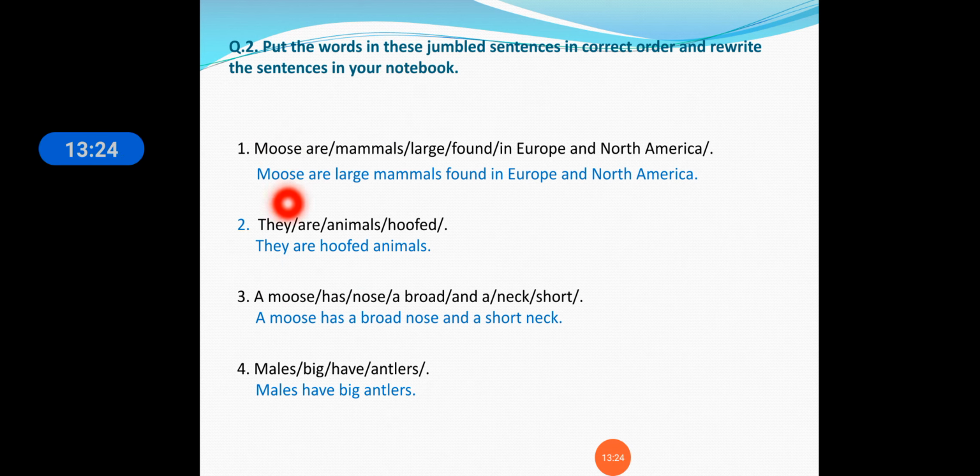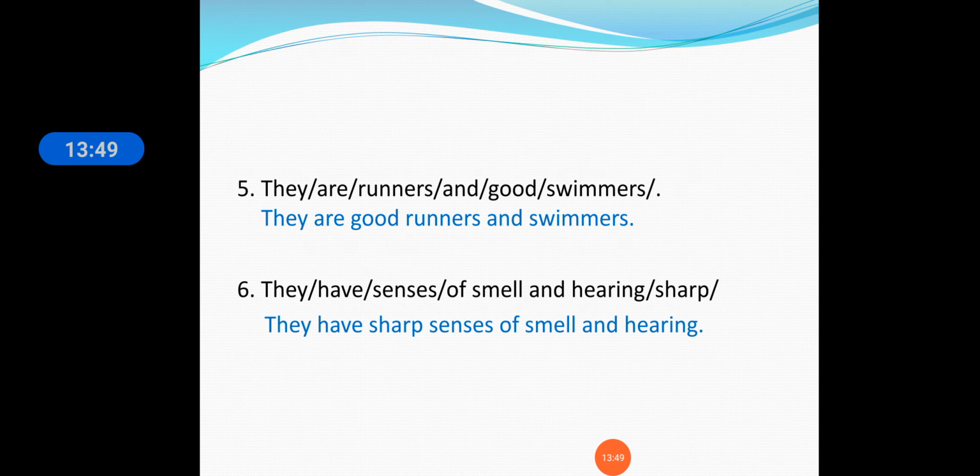Moose are large mammals found in Europe and North America. They are hoofed animals. And what is a moose? A moose has a broad nose and a short neck, and males have big antlers.